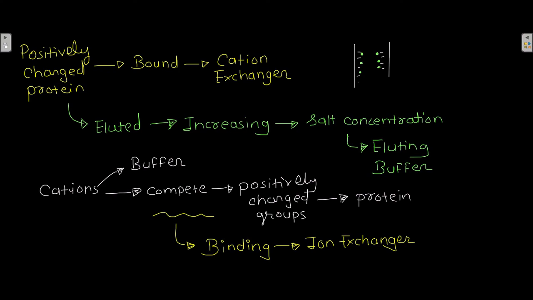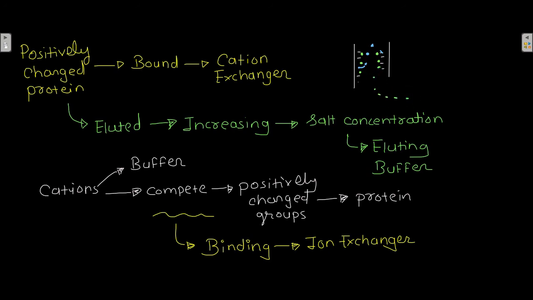Now you will put in a buffer, and in that buffer you have positively charged cations again. These positively charged cations will bind to the matrix, and that is the reason why they will compete with these proteins, and then these proteins will not be able to bind with the matrix and they will be eluted out.